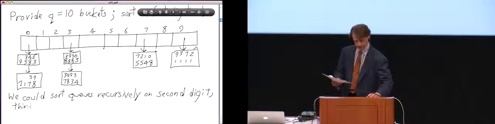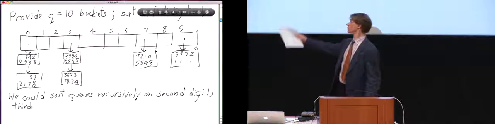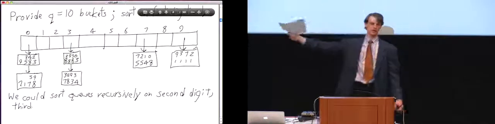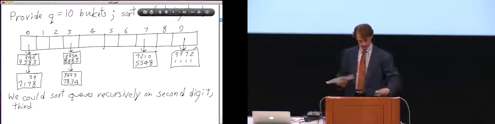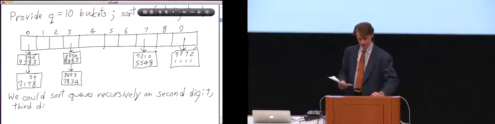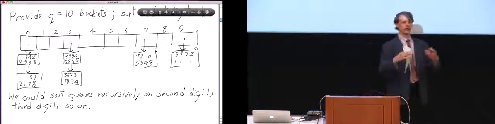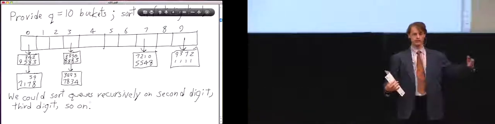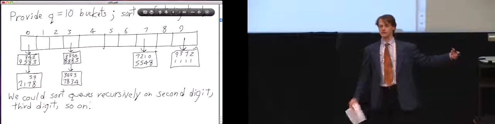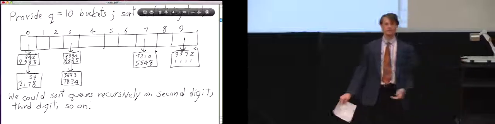And then when you're done sorting all the numbers in that first queue on the second digit, now you take each of the 10 queues you get out of that and you sort each of those on the third digit. And you keep doing this recursively. You break up your numbers into smaller and smaller queues, and you sort them on each digit in turn until you've sorted all the numbers on all the digits.